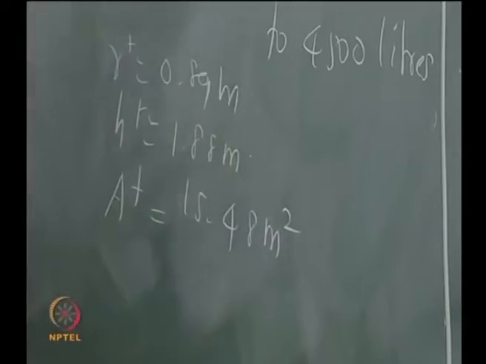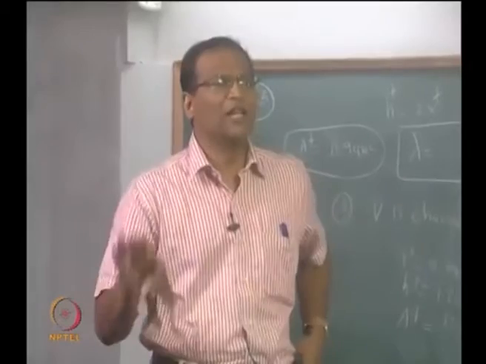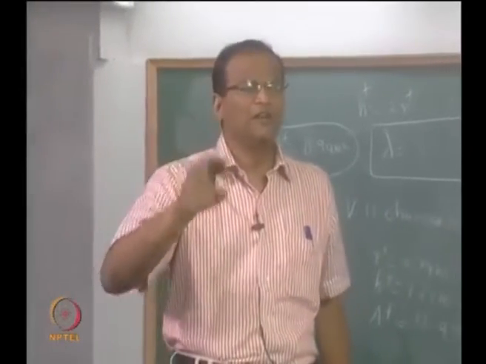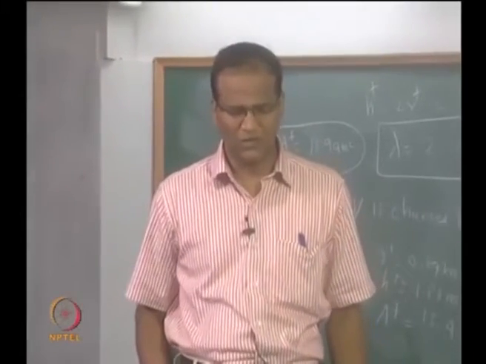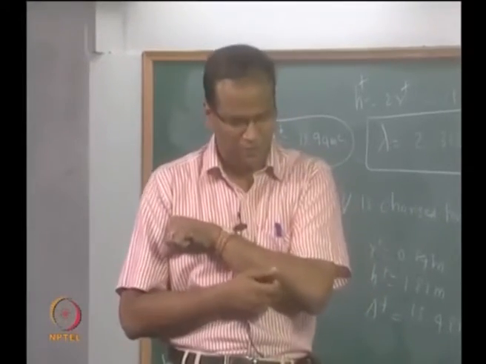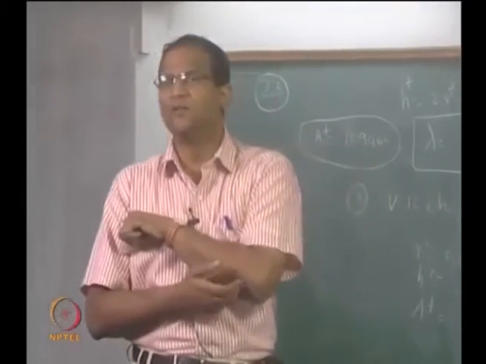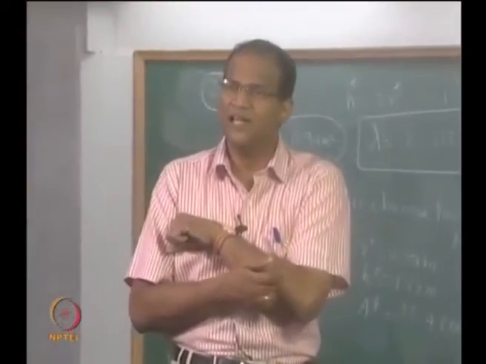Yeah, I hope everybody has got this. So, what we have done is we reworked this solar water heater storage problem using the Lagrange multiplier method for a 2 variable 1 constraint problem. By changing the volume from 4000 liters to 4500 liters, we are trying to see what is happening to the R plus, the H plus and the A plus.